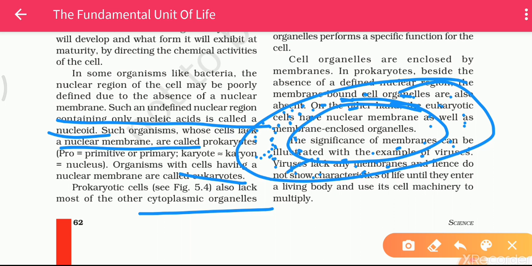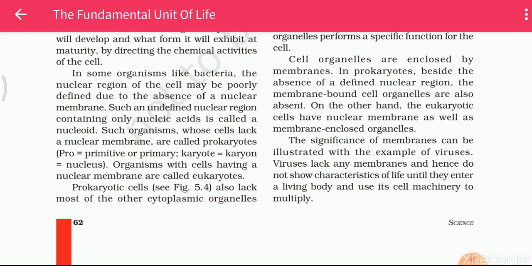In prokaryotic cells, most of the cytoplasmic organelles are absent. I told you what organelles are: they are very small structures, like the endoplasmic reticulum, mitochondria, and Golgi apparatus. But prokaryotic cells lack these cytoplasmic organelles.